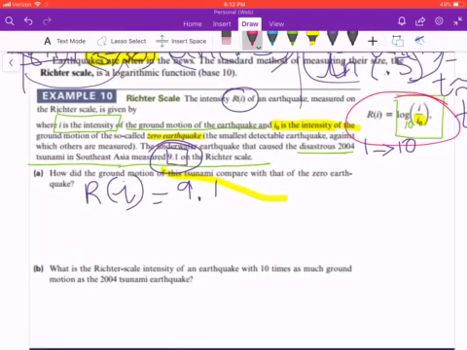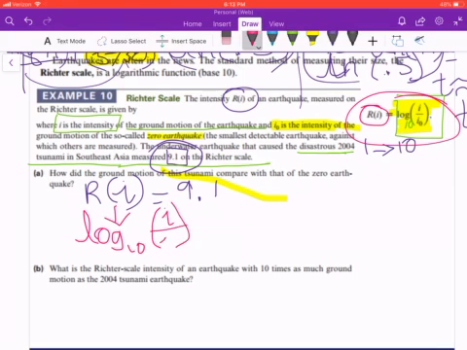Now, if I take the right side of the formula, because here I'm saying that R of I is equal to the right side, so I could say the common log, because it's base 10, of the intensity divided by the intensity of the zero earthquake is equal to 9.1.